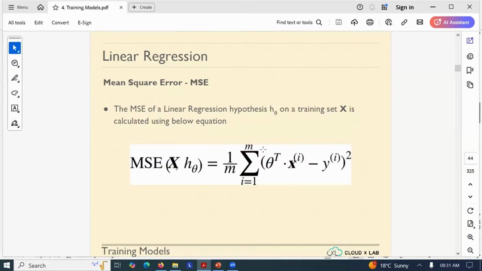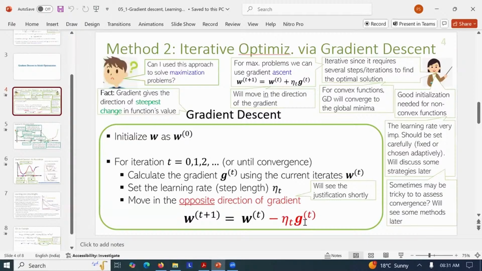So we are only calculating this inner term, which is nothing but the error for the ith example, right? So the calculation of GT will now be much faster. We can very quickly calculate this GT value, because now we are only calculating GT using a single training example, right?